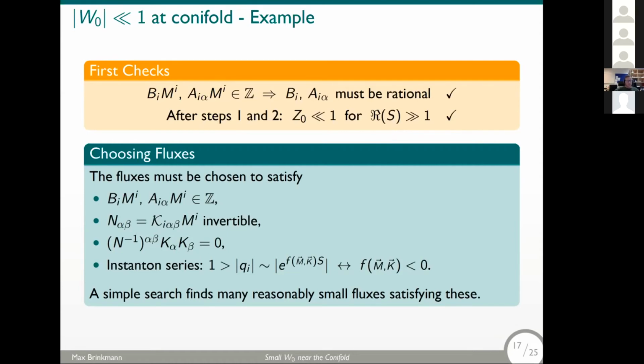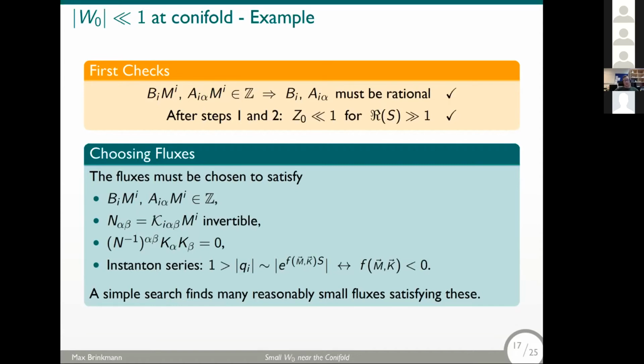So then we have to choose some fluxes. These have to satisfy a bunch of equations here. So we have these integer conditions, we have an invertibility condition, and we have this condition on the fluxes such that W equals 0 in the first step.